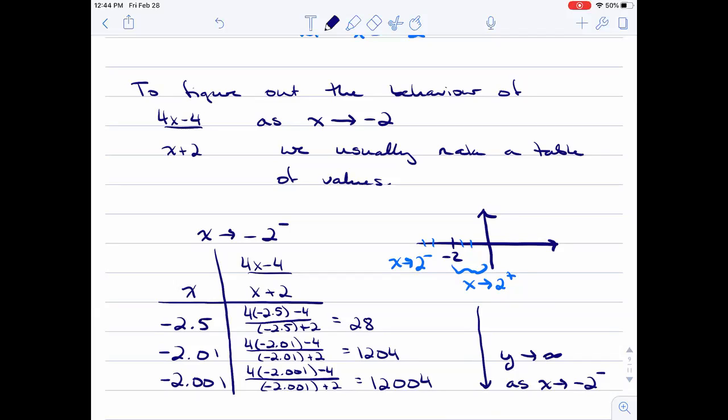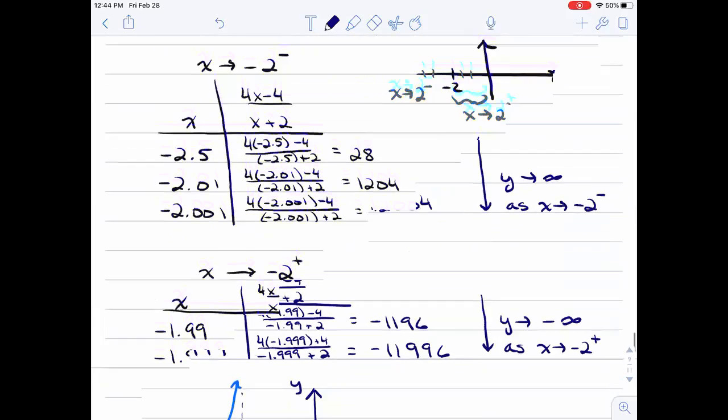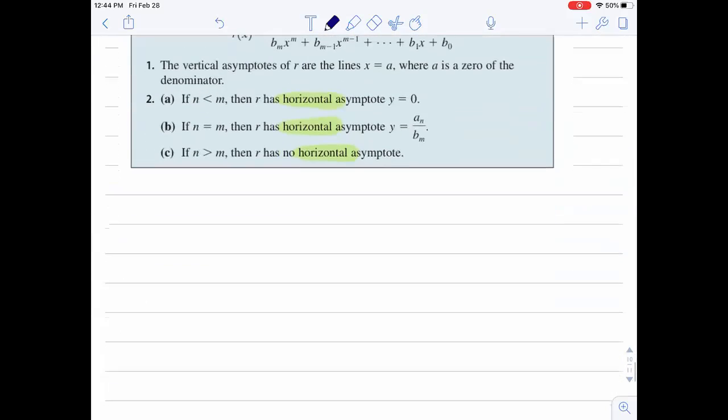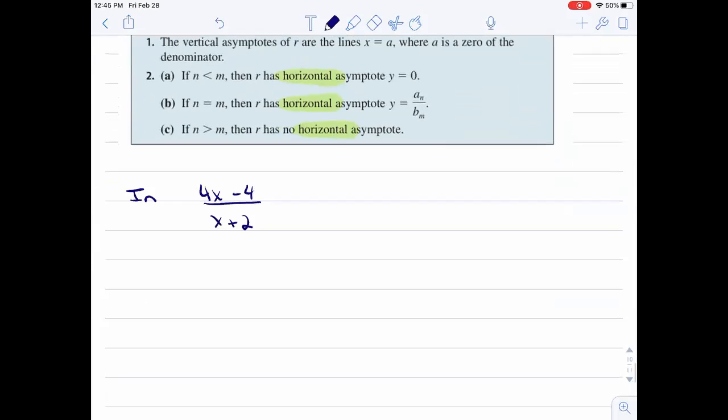Oh, okay. So, 4x minus 4 over x plus 2. This has degree equals 1, and this has degree equals 1.